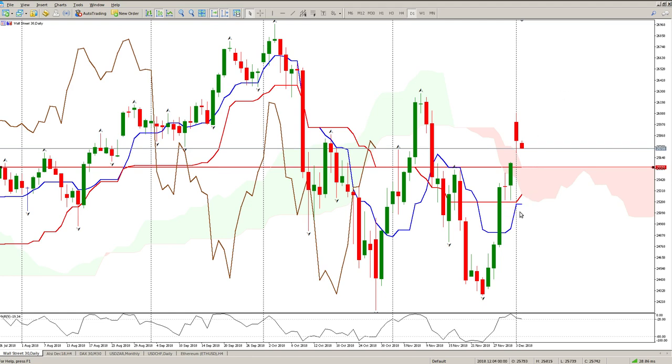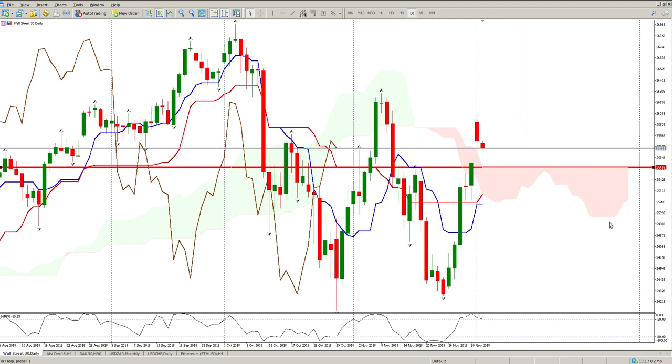We have not got a crossover yet, and I don't think we have a twist, although the cloud is getting narrower here. So there are a couple of signals here indicating that we could see some sort of crossover today. We've got some divergence here, which is not a strong bullish signal, but it is a bullish signal.